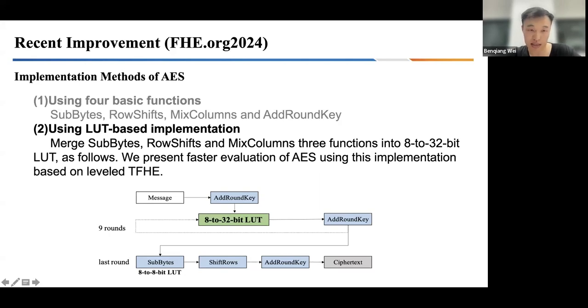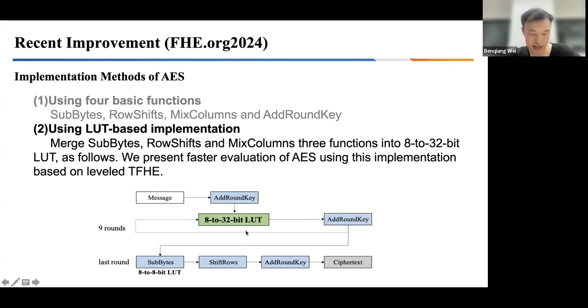In addition to executing these four basic functions sequentially, we can also merge SubBytes, ShiftRows, and MixColumns, these three functions, into an 8-to-32-bit lookup table as follows.